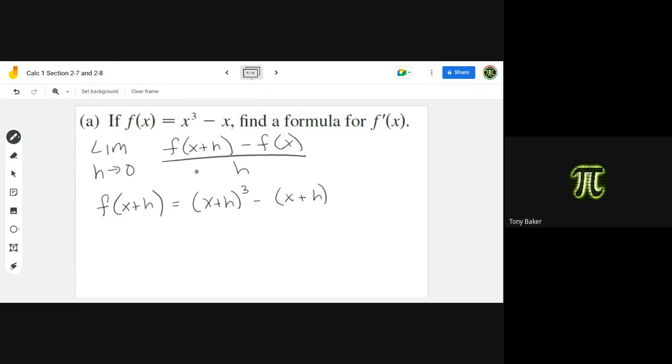So now that is not x to the third plus h to the third. You have to FOIL. And you actually have to FOIL twice because it's to the third. So you have (x plus h) times (x plus h) times (x plus h). So you have to FOIL it out multiple times. So FOIL that out.